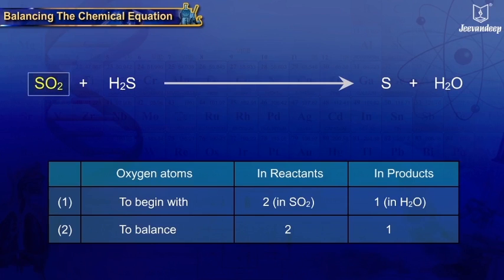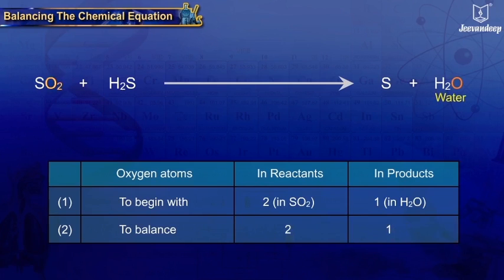Choose the reactant or product having the maximum number of atoms. In the given equation, select SO2 and the element oxygen in it. There are 2 oxygen atoms on the left hand side and only 1 on the right hand side. Equalize the number of oxygen atoms in order to balance them.